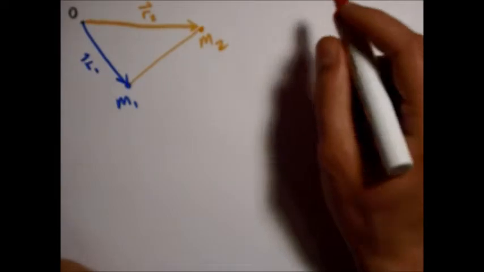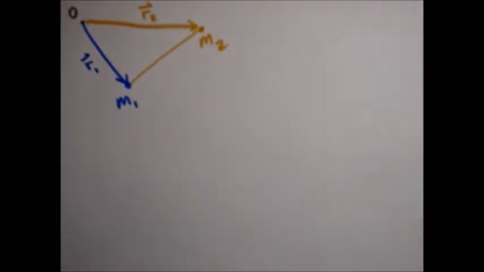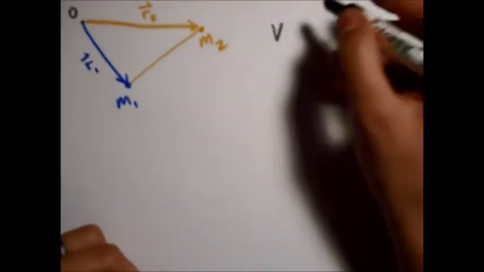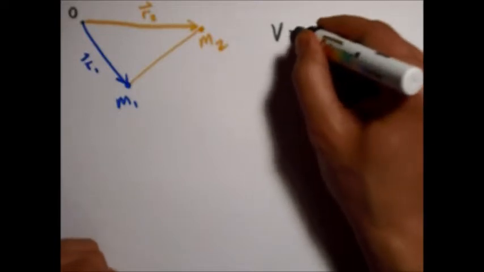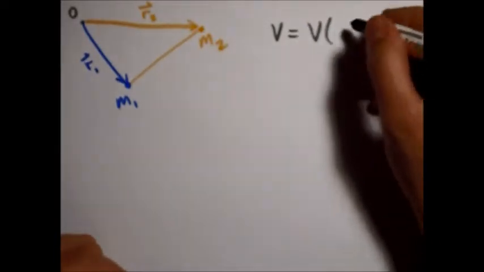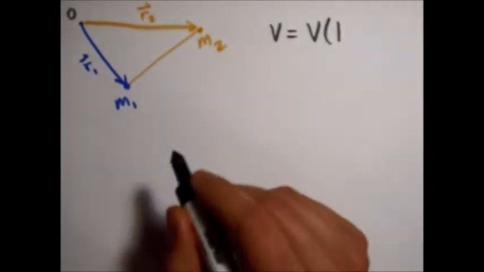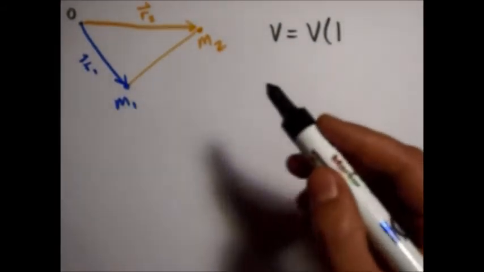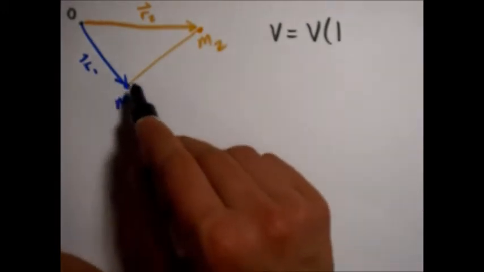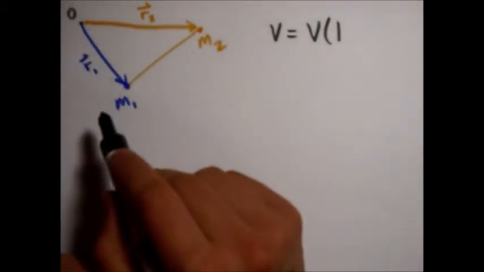So their potential is going to be only a function of the distance between the two particles.